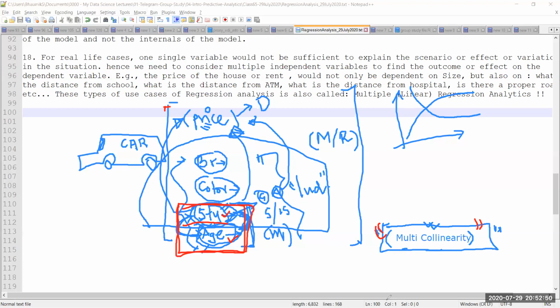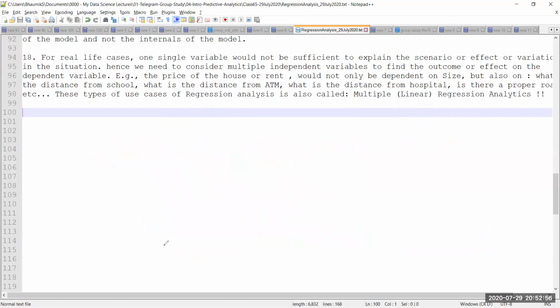So keeping this in mind, what we would like to do now is that I'll clear all the drawings, and I would just like to explain you some things, and then I would like to quickly jump over to the implementation part itself, because there is nothing more to discuss on multiple linear regression. Everything else is exactly the same as what we have already seen in simple linear regression.